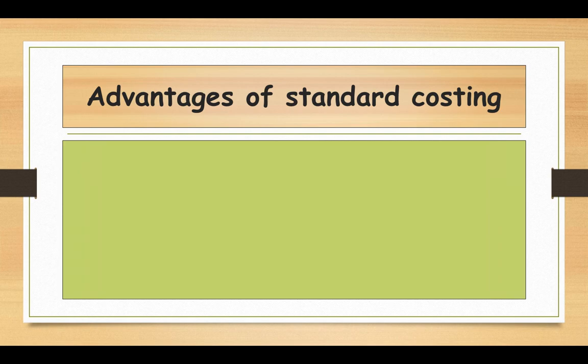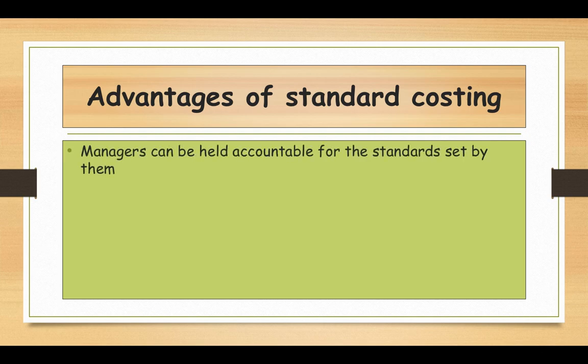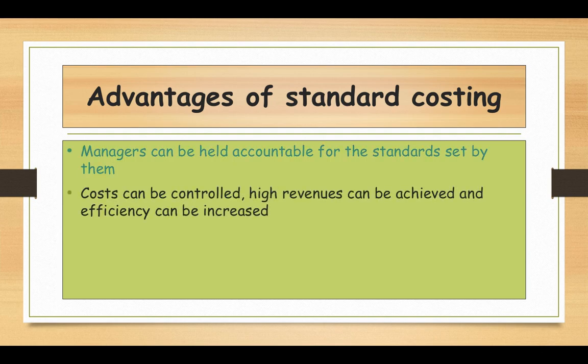We are going to see the advantages of standard costing. Because managers are involved in the standard setting process, they are accountable for the standards set by them. And also, we can control the cost, we can achieve high revenues and the efficiency can be increased.